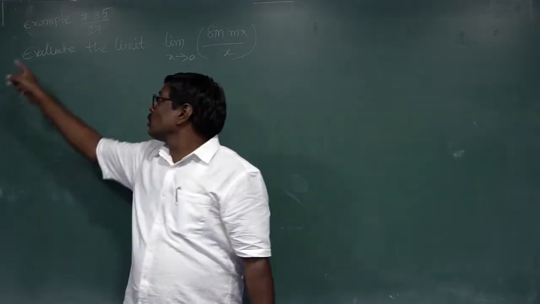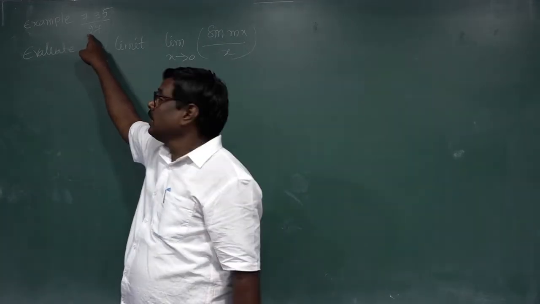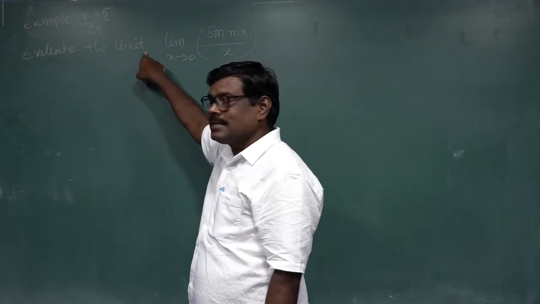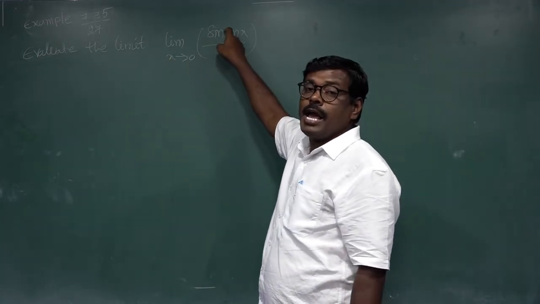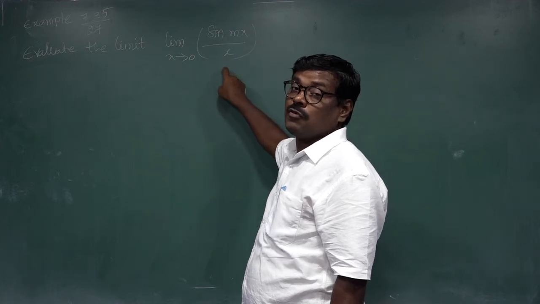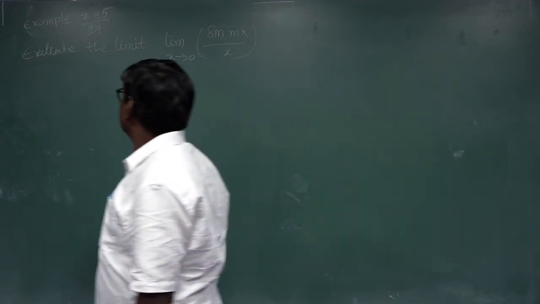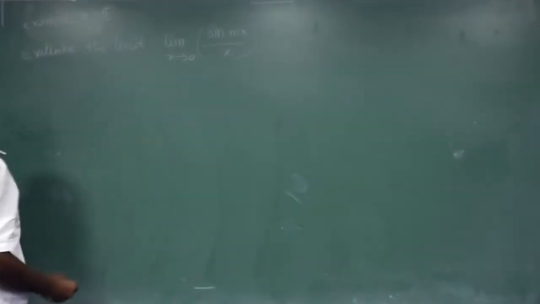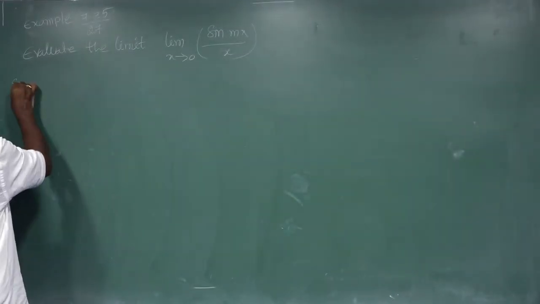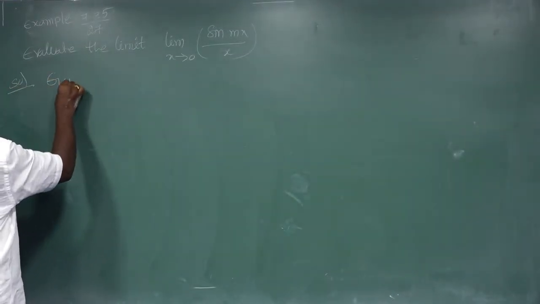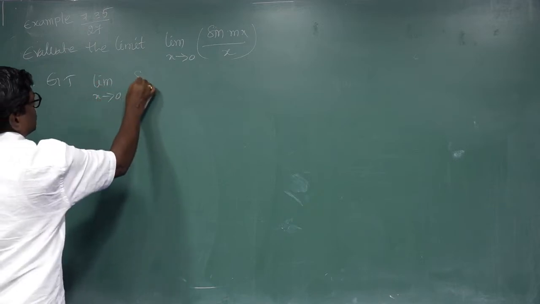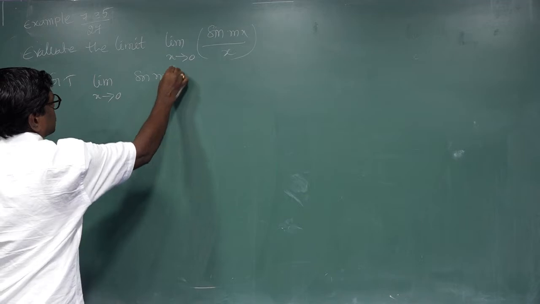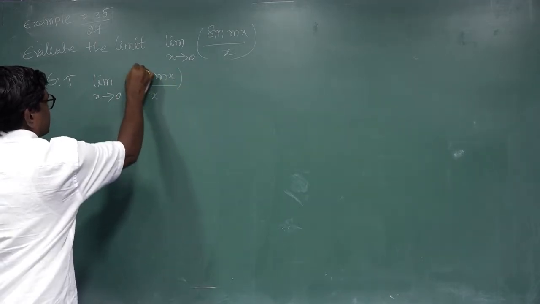Example 7.35, page number 27. Evaluate the limit as x tends to 0 of sin mx by x. This is also a formula, and this is its proof. Solution: given the limit as x tends to 0 of sin mx by x.